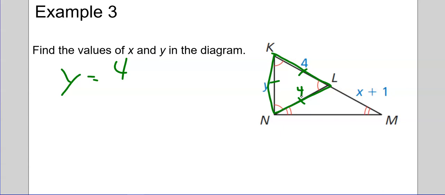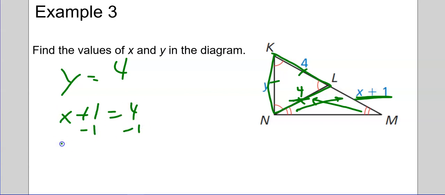Okay? Now, let's go one step further. We know that these angles down here are equal, which means these sides are equal. That means x plus 1 is equal to 4. So now, by subtraction, x is 3.